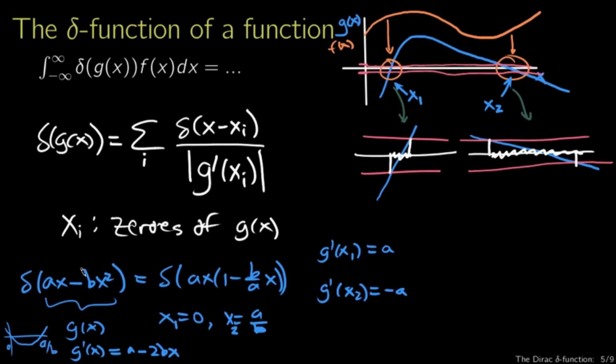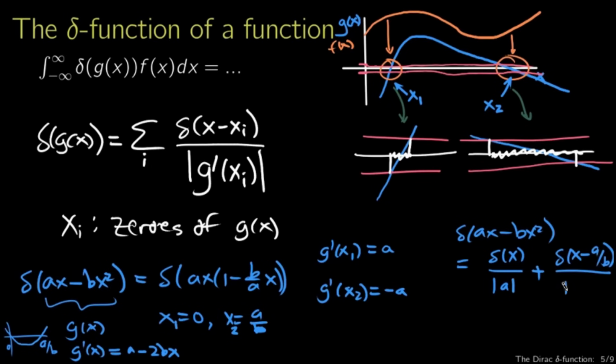So substituting in here, we can write this overall, delta of ax minus bx squared, is equal to delta of x minus x1, where x1 is 0, so delta of x minus 0 over the absolute magnitude of a, plus delta of x minus a over b divided by the absolute magnitude of minus a, which is just going to be the absolute magnitude of a.